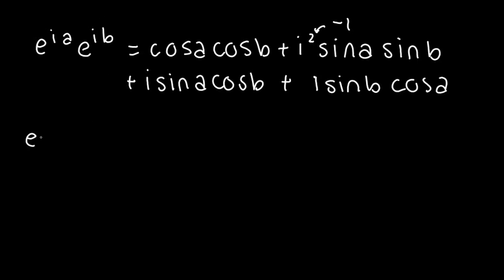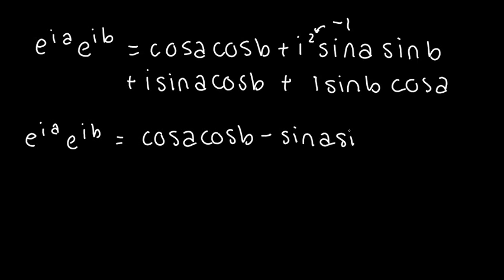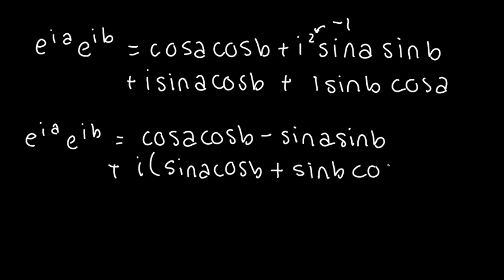And so we get that e to the iA times e to the iB is just equal to cosine A cosine B minus sine A sine B, and then we add plus i, we factor out the i, and we get sine A cosine B plus sine B cosine A. So this is just interwoven. And remember that e to the i times a plus b is just equal to cosine of a plus b plus i sine of a plus b.